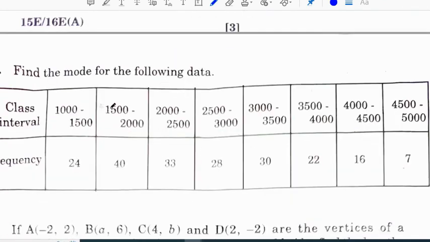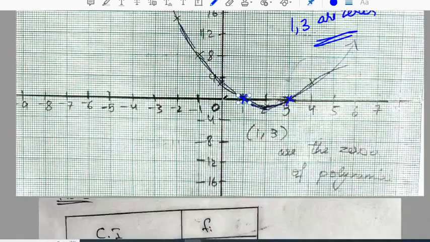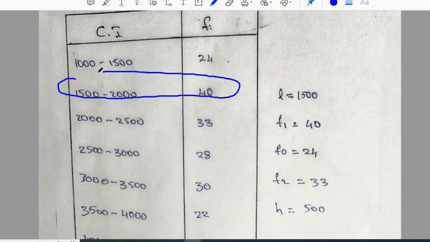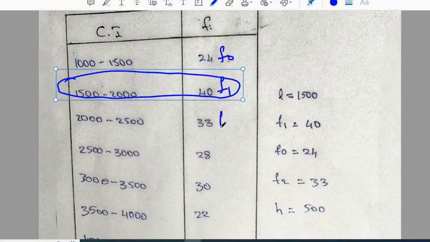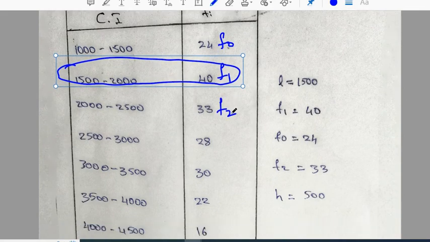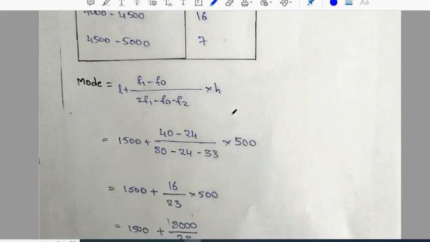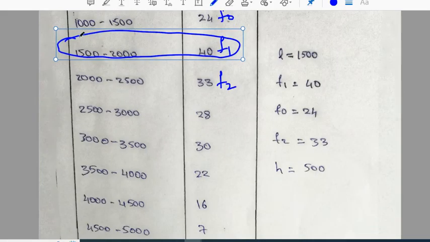Find the mode of the following data. So the class interval and frequency are given. First we have to check the modal class. This one will become the modal class because this is the biggest frequency. We'll consider F1, F0, F2. And we have to use the formula L plus F1 minus F0 by 2F1 minus F0 minus F2 into H. So L is 1500, the lower limit of the modal class.